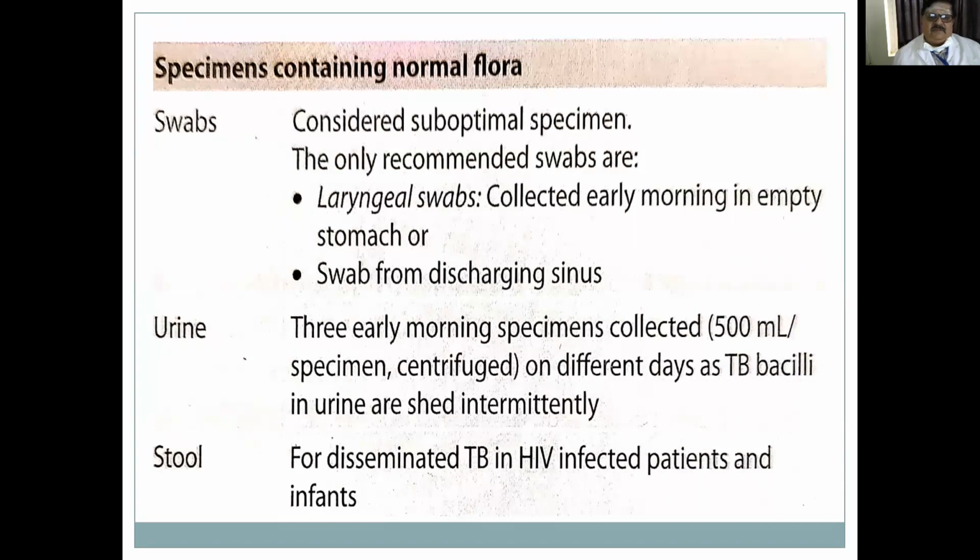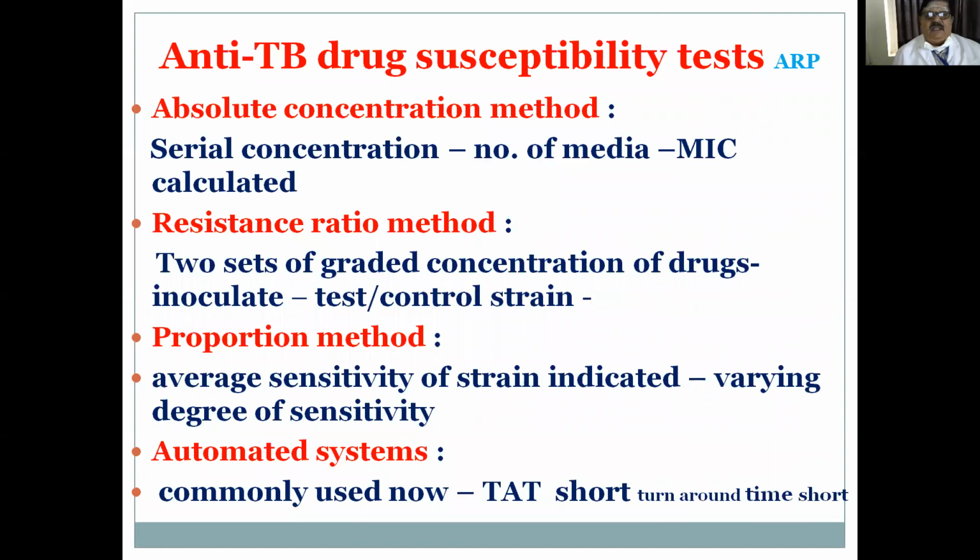Laryngeal swabs, early morning collection by gastric lavage or direct swab itself, or swab from any discharging sinus. Urine, 3 early morning specimens, 500 ml. Specimen is centrifuged. And stool for disseminated TB in HIV infected patients and infants.